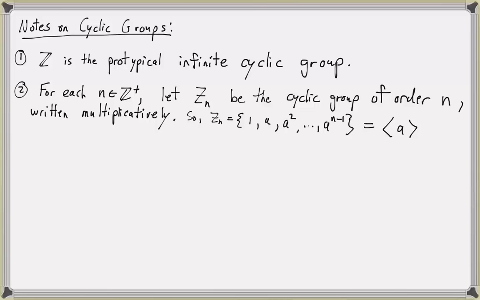So multiplication in Z sub n is essentially done by adding exponents and then reducing mod n.